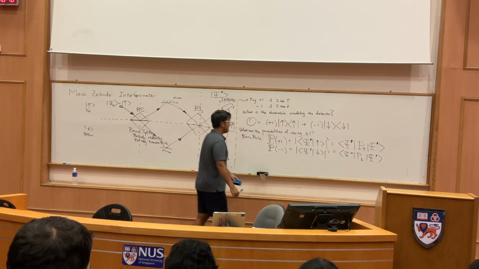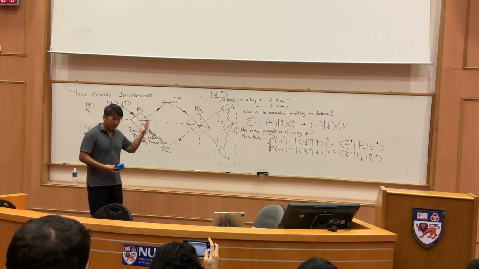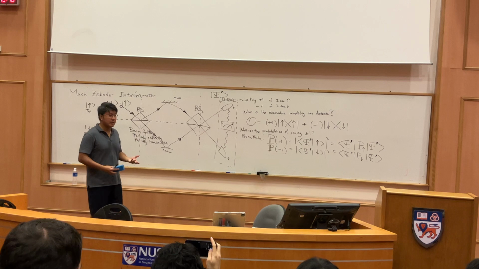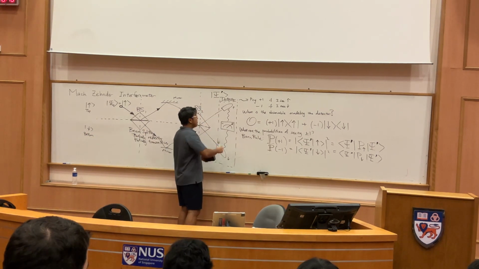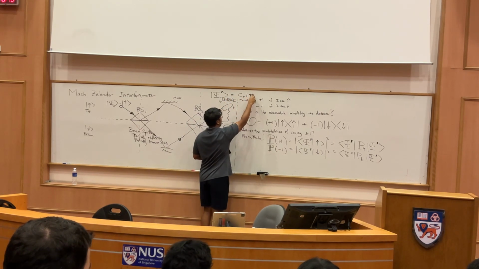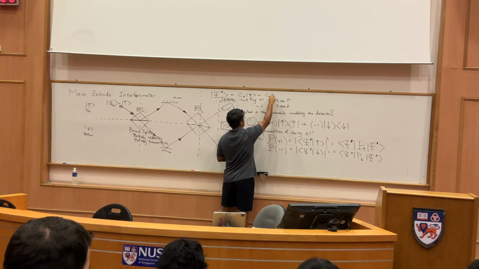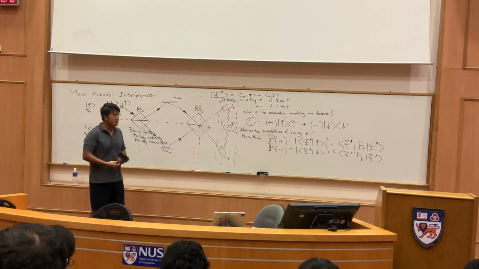Don't forget that because the photon can only exist in one of two possible states, at the end of the experiment it should always be of this form: C up |up> plus C down |down>, simply because up and down form a basis.